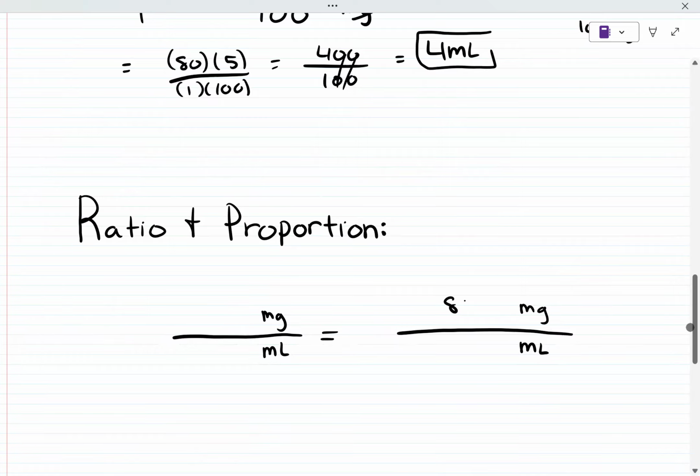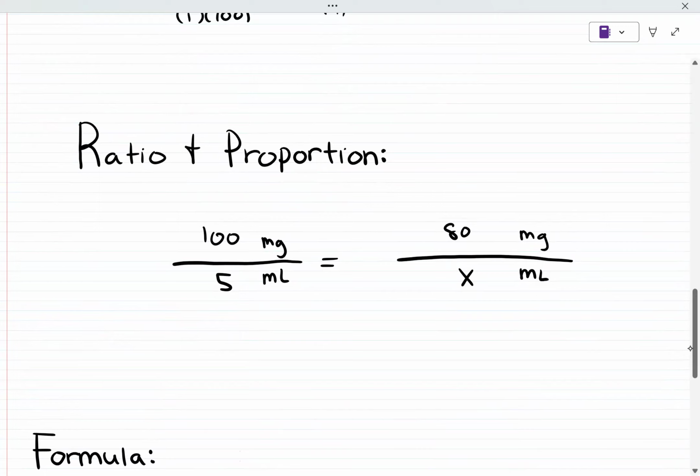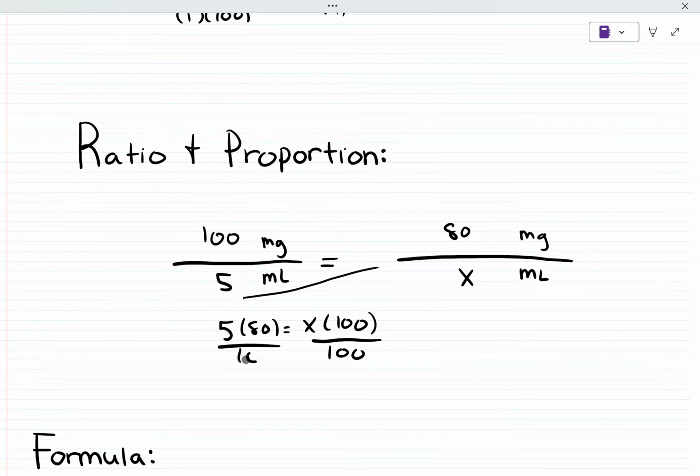We started out with 80 milligrams, and we want to know how many milliliters, so that's our unknown. We were given 100 milligrams for 5 milliliters. Then all you have to do is cross multiply: 5 times 80 equals x times 100. To solve for x, divide by 100, so you get 5 times 80 over 100, and you get 4 milliliters.